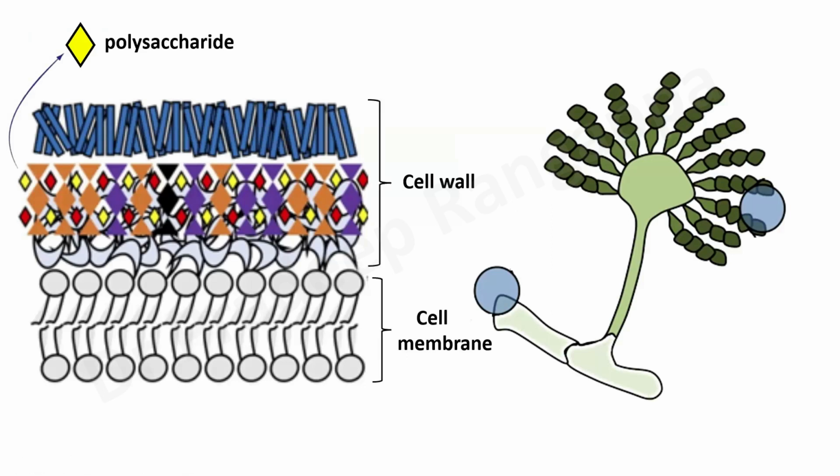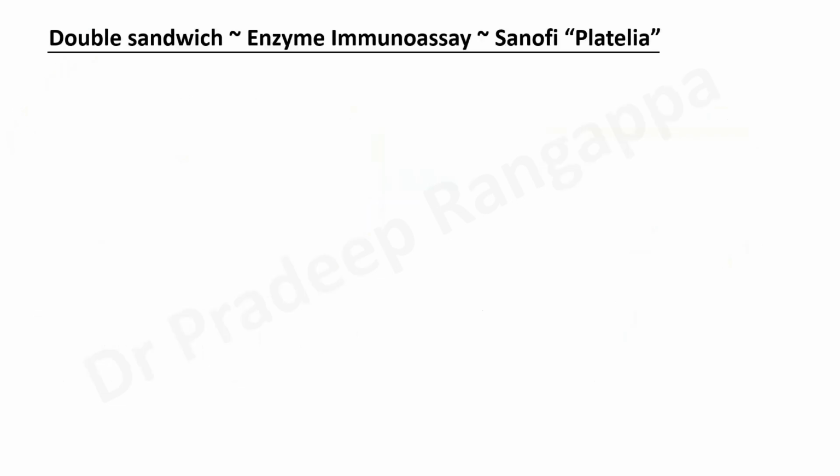So the tests that have evolved are to identify this polysaccharide component, galactomannan, present within the cell wall and cell membrane of aspergillus. The test that has been widely adopted to test for galactomannan is the double sandwich enzyme immunoassay, and it is done by Sanofi. It is called Platelia.